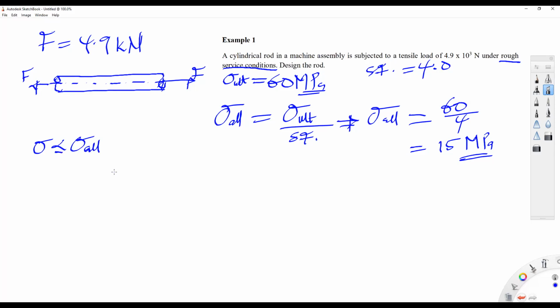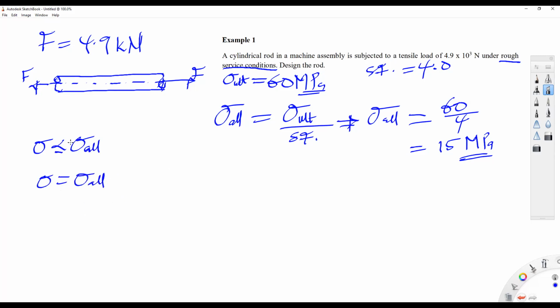For satisfactory design, the stress in the material should not exceed the allowable stress. And if we are to design this shaft, then sigma is equal to the allowable stress.